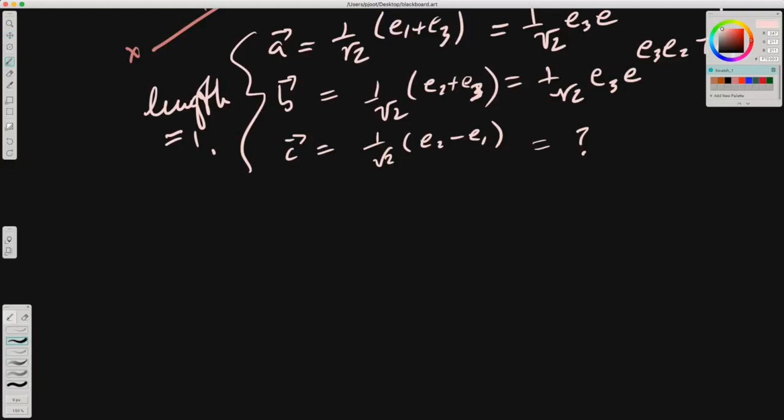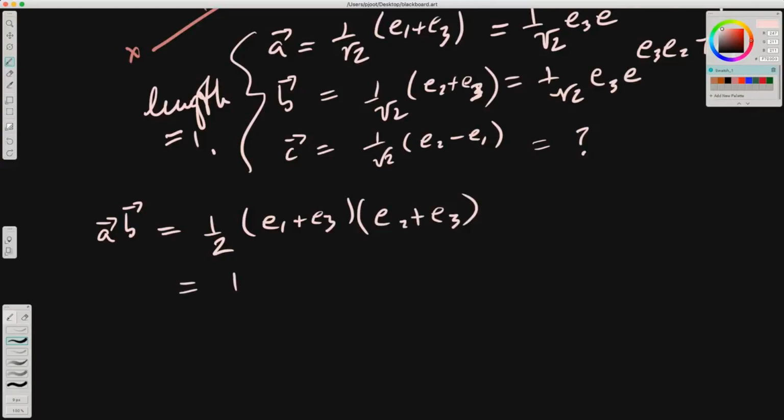We can write the product AB in coordinates, which is 1/2 of E1 plus E3 times E2 plus E3, which is 1/2 of E1 times E2, I'm going to write E12, plus E3 times E2, plus E1 times E3, and E3 times E3, which is 1. So we have 1/2 plus a bivector.